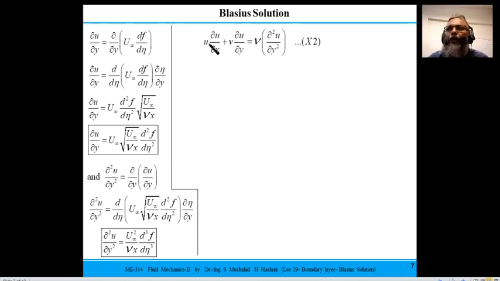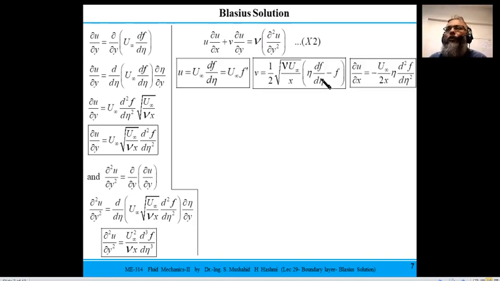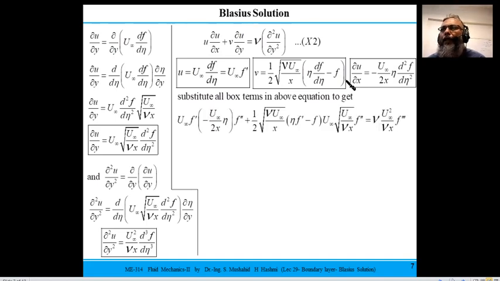So I have the ingredient u, I have dou u by dou x, I have the ingredient v. So I just substituted all these variables in the x momentum equation. I have not mentioned dou square, but that is already here. So I have just substituted all the things.